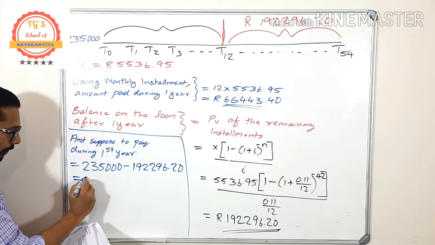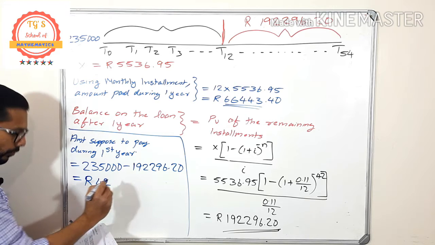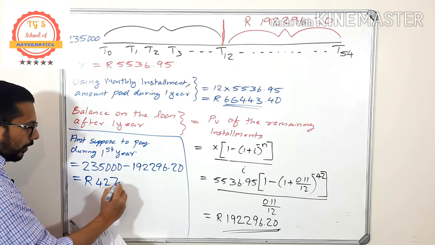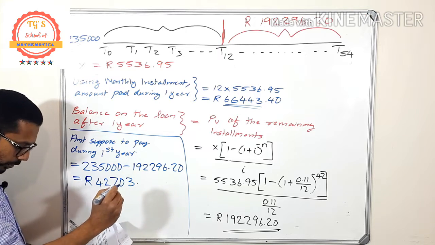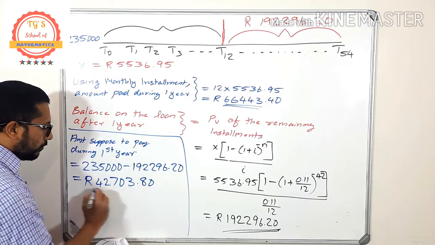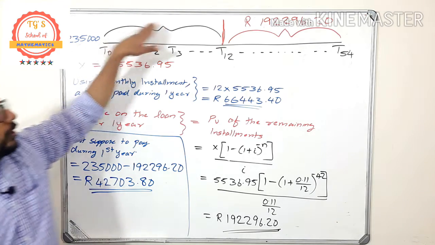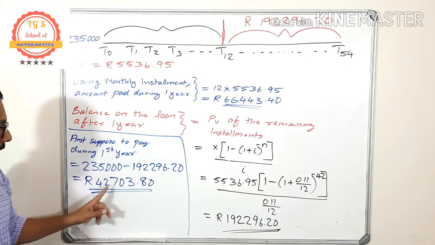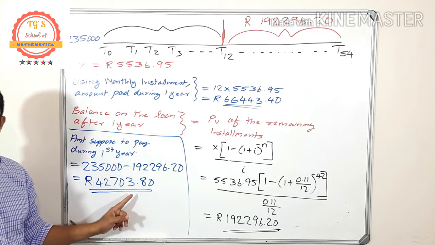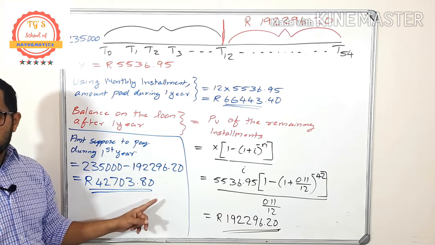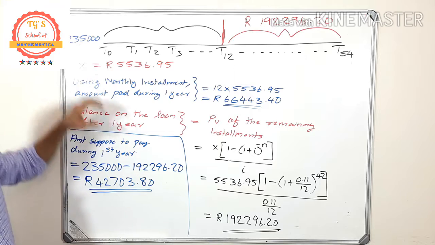That is 42,703.80. So it means that during the first year he is supposed to pay 42,703 rand 80 cents.